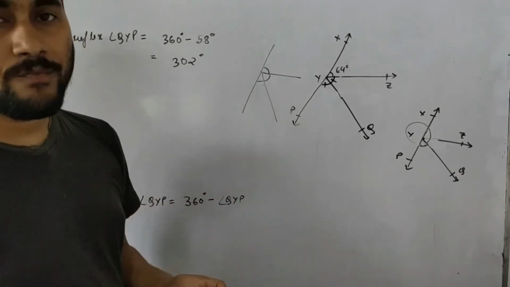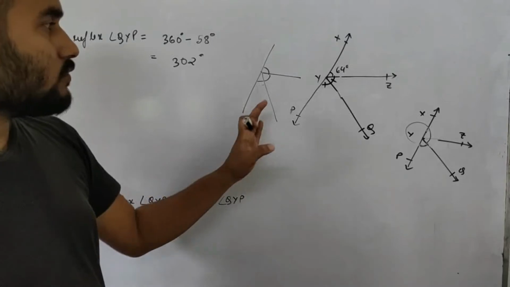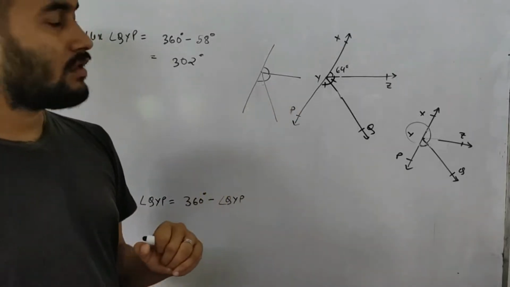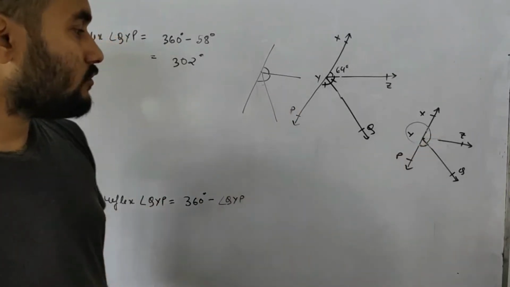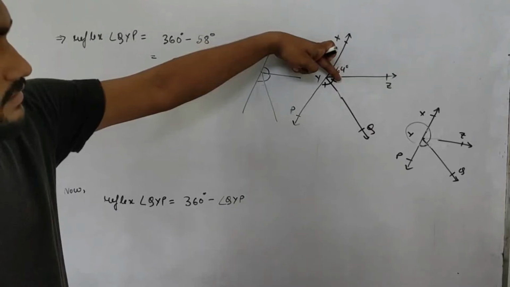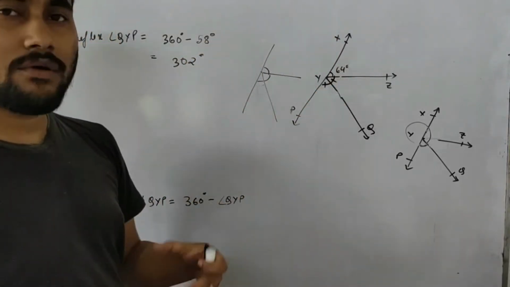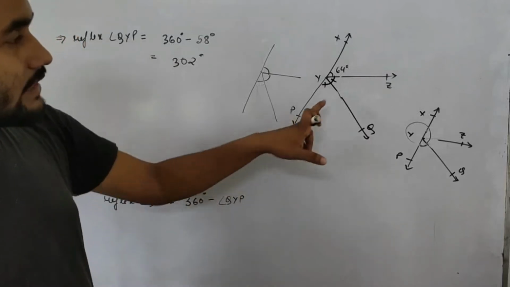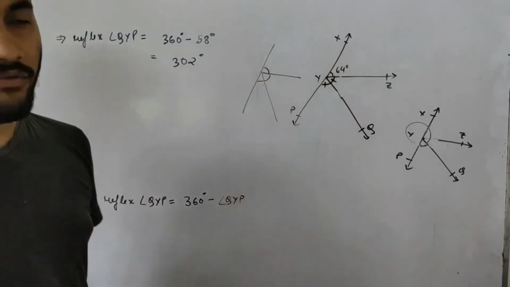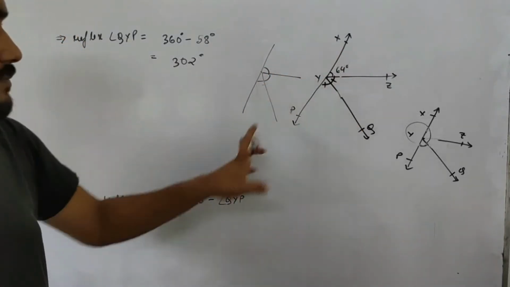So divide by 2. 116 divided by 2 is how much? 58. After that we need angle XYQ. Very simple. This angle plus this angle is XYQ. So 64 plus 58, we have got our XYQ. And then we need the reflex of angle QYP.